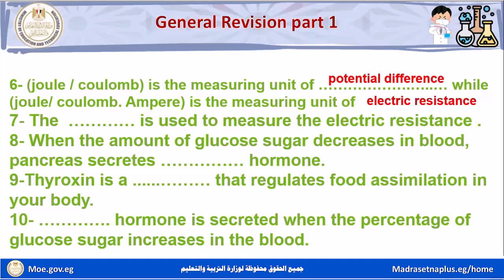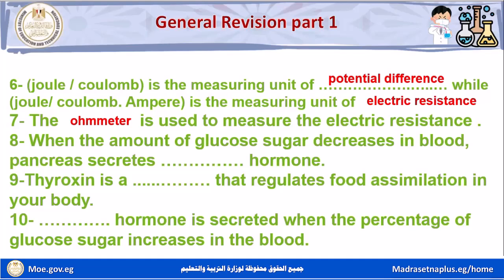Joule per coulomb, measuring unit of potential difference. Okay. Question number 7. The space is used to measure the electric resistance. The ohm meter is used to measure the electric resistance.